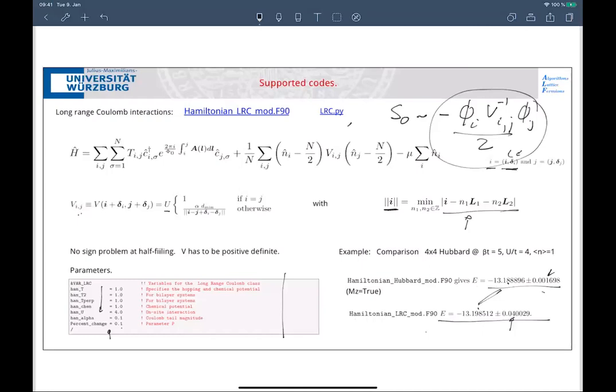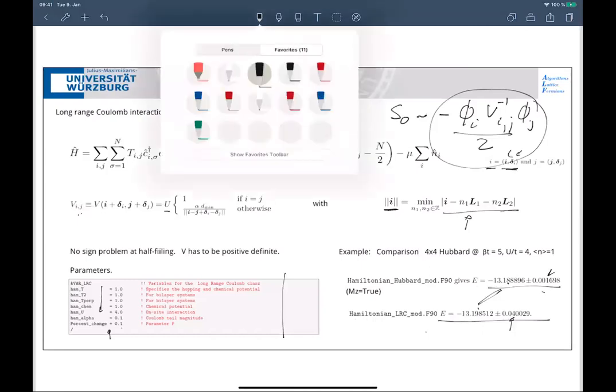Yeah. Have you experimented with, for example, a Rydberg interaction or a van der Waals interaction? No, try it. Is the V positive definite? Maybe not. I'm not sure. I have to think about it. But you see, that's a nice thing about this code: to answer this question, you can do it right away.